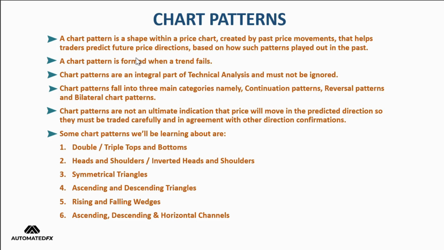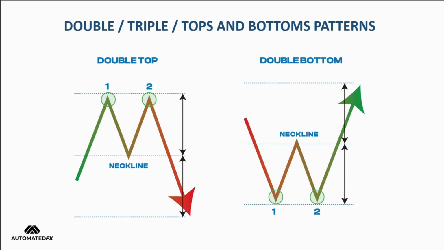Below is a clear explanation of the major chart patterns covered in the slides. So this slide is about double and triple tops and bottoms. Double and triple tops and bottoms are classical reversal patterns that appear after a strong trend.